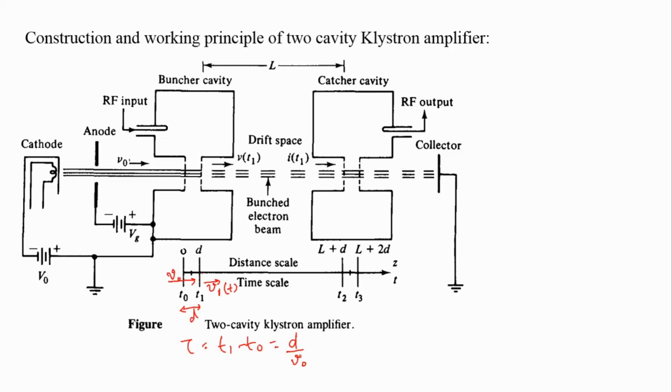That was the two cavity klystron, so we had a buncher cavity and a catcher cavity, and the RF input, a weak signal, is applied, and the bunching process occurs in the drift space. Due to this applied RF input, in the positive half cycle the electron coming from the cathode will be accelerated after the buncher cavity, and the electron reaching on the negative half cycle will be decelerated.